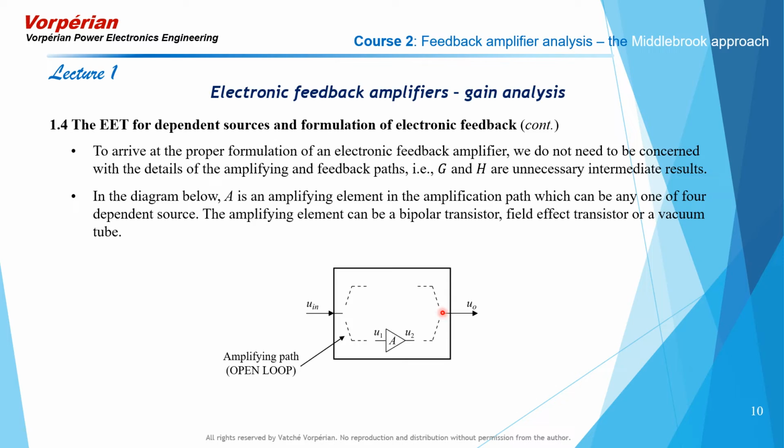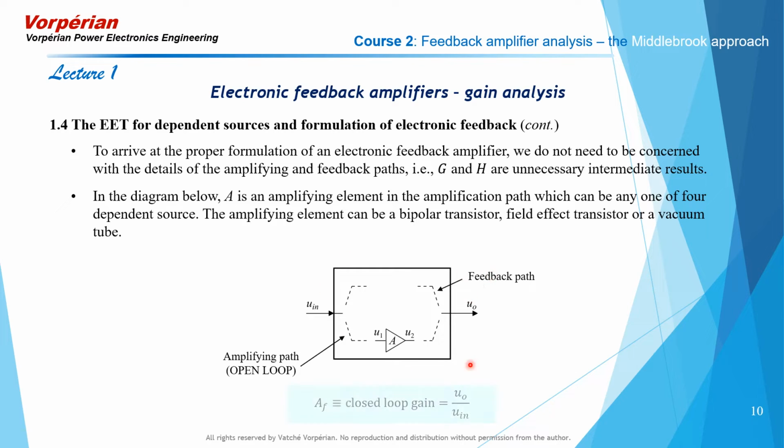I can also identify some connection between the output back to the input, a feedback path that returns part of the output signal back to the input, just like Harold Black mentioned in his feedback patent application. The details of that path are not necessary at all.